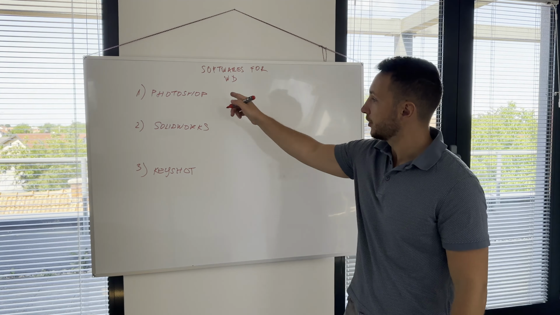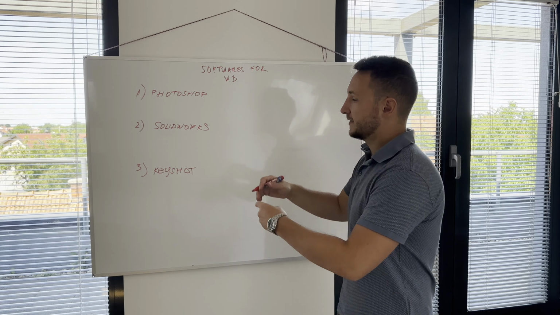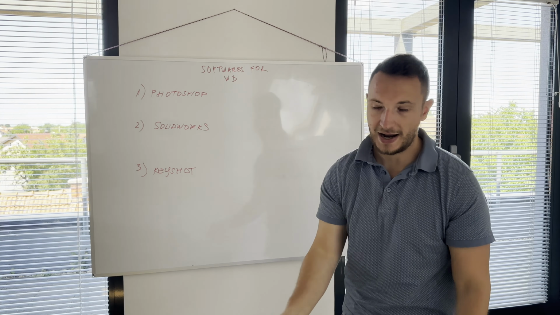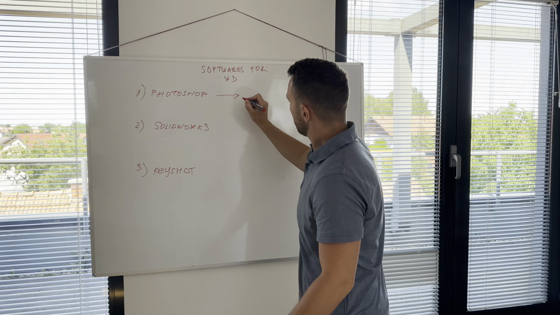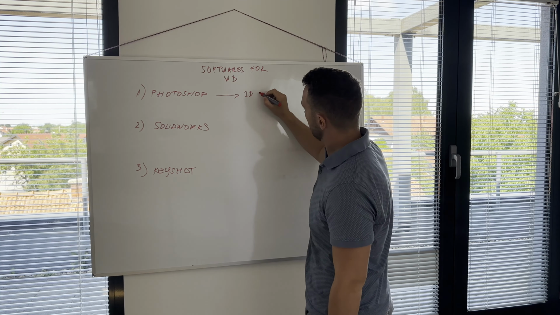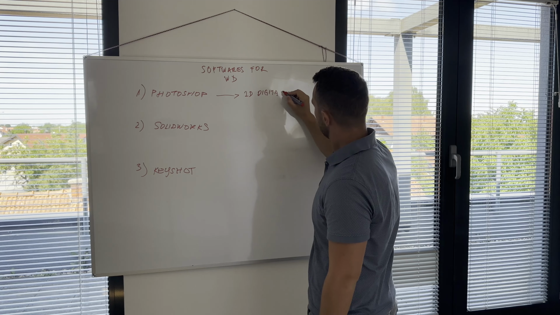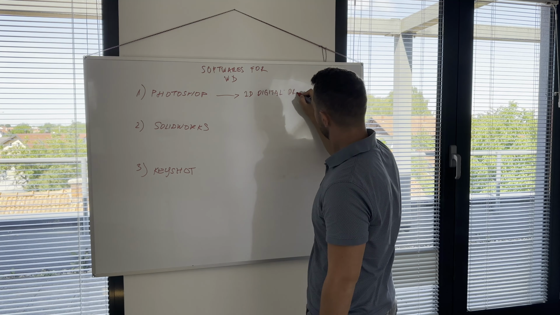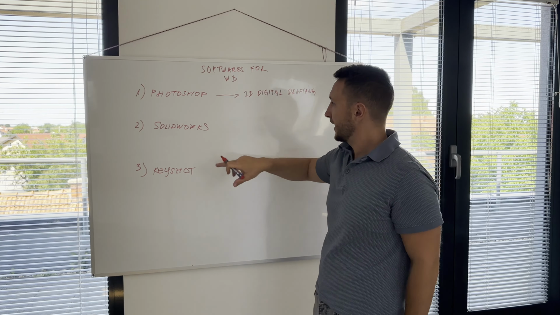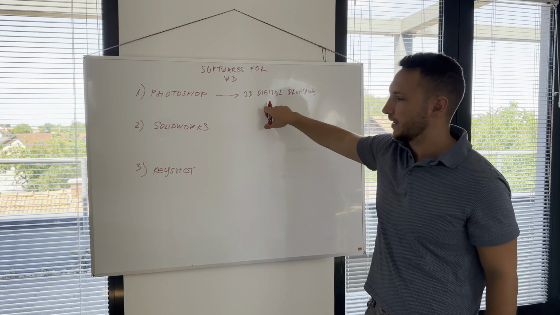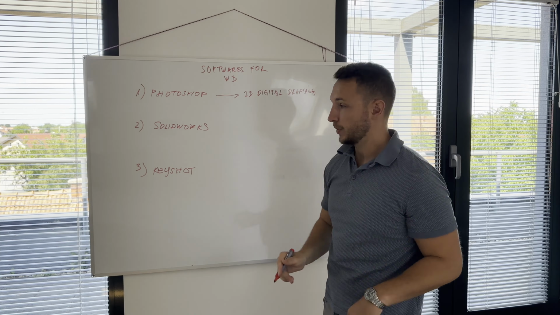And with Photoshop, what I do is create a 2D digital draft. So that is where we are doing 2D digital drafting. That's what we do with Photoshop. That's the second stage of the design process, as we've said previously.